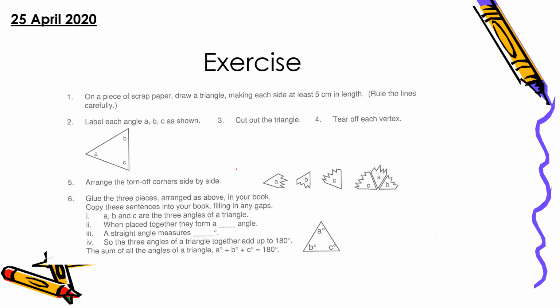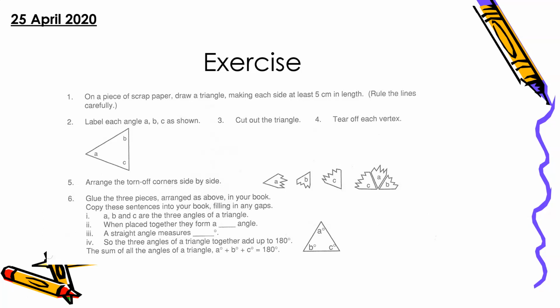Once you've drawn your triangle, label it A, B, and C. Then cut out the triangle, and tear off the corners so that they're big enough that you can still handle them.